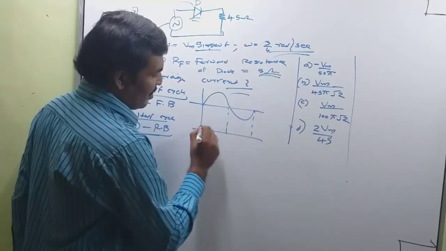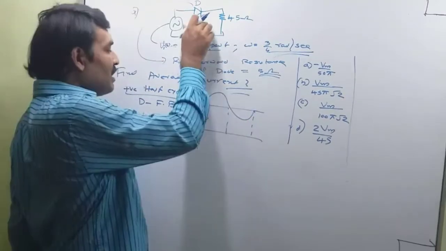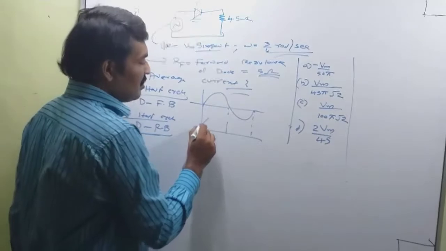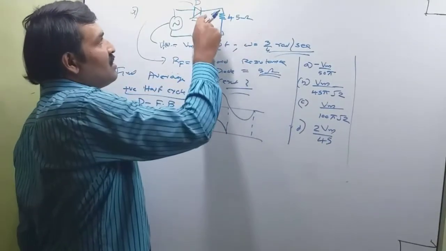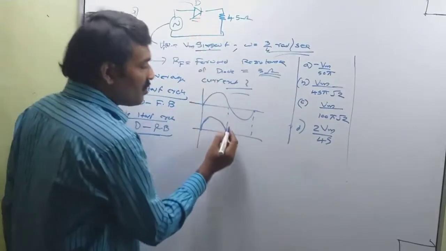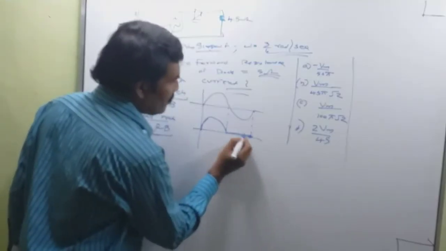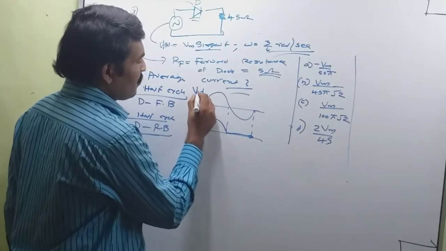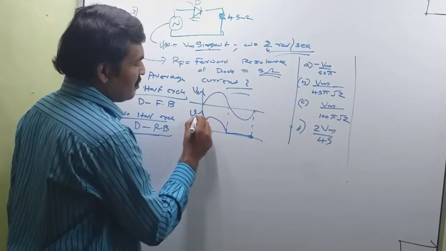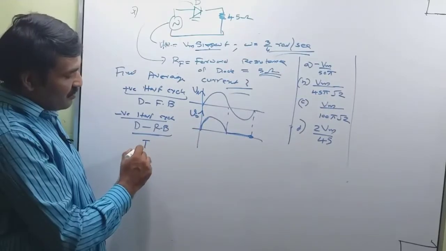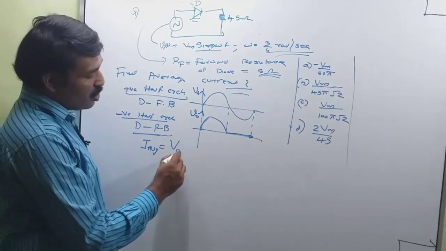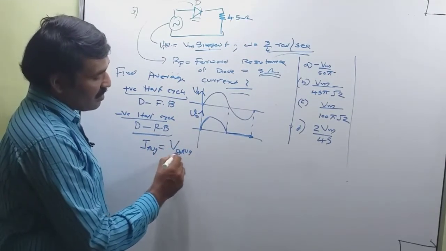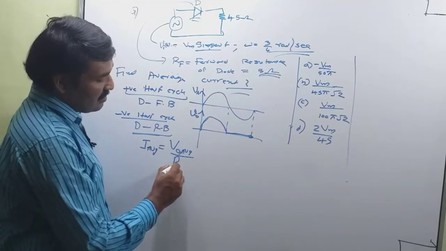The diode is forward biased in the positive half cycle, so the output will come like this. During reverse bias condition, this is an open switch, so no current flows, so output should be 0. So these are input and our output. I average is equal to V output average divided by resistance.